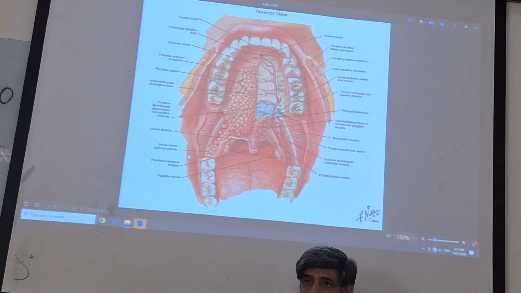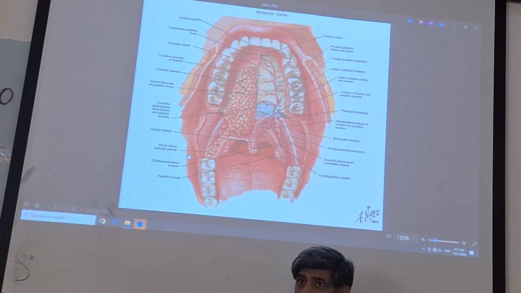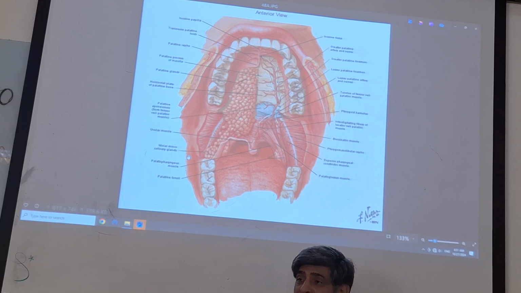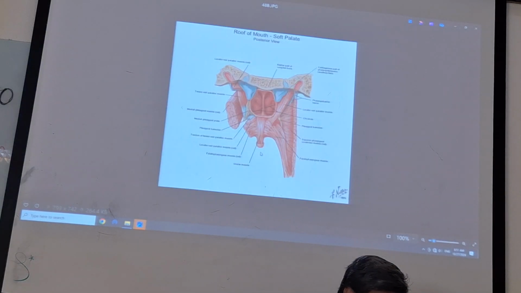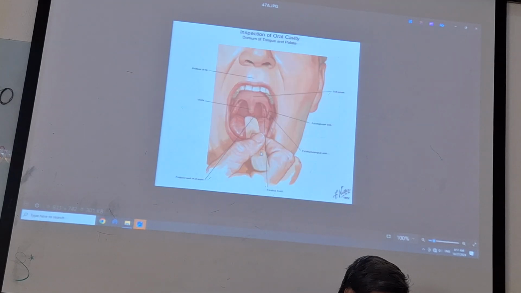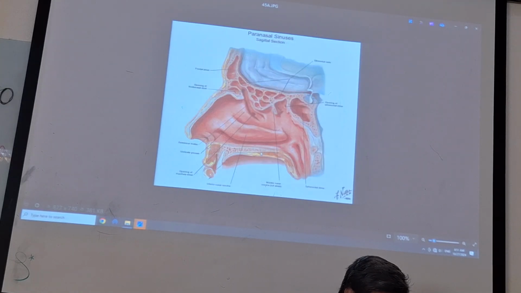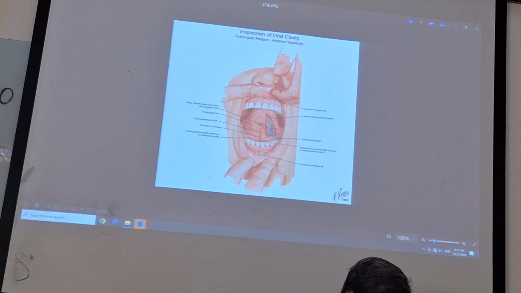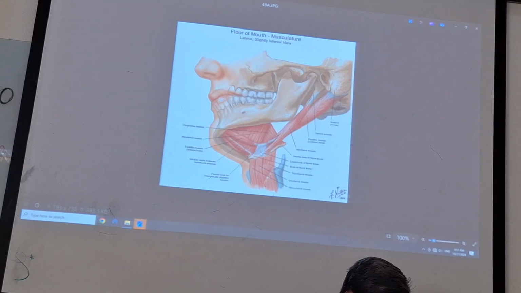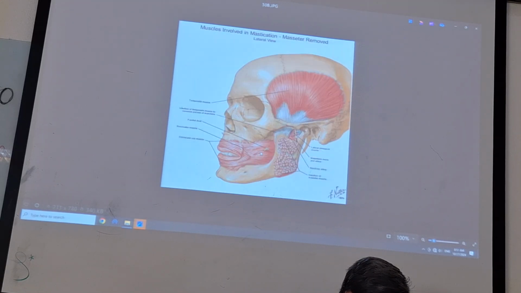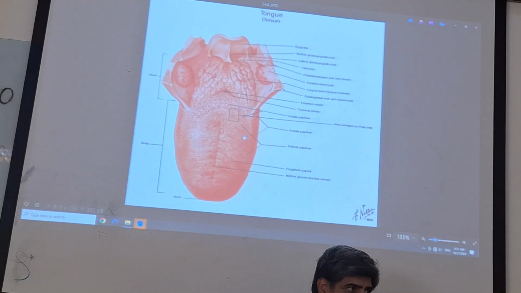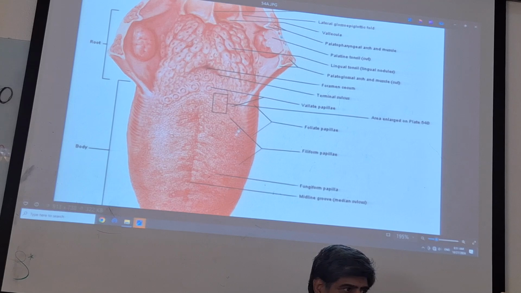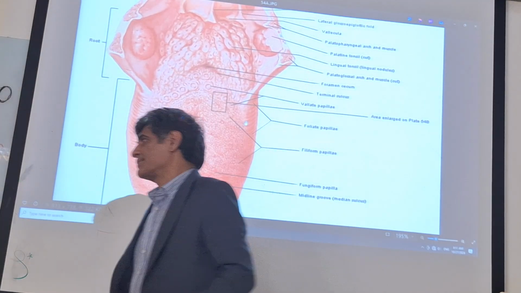And the other structures are the proper oral cavity and the tongue.